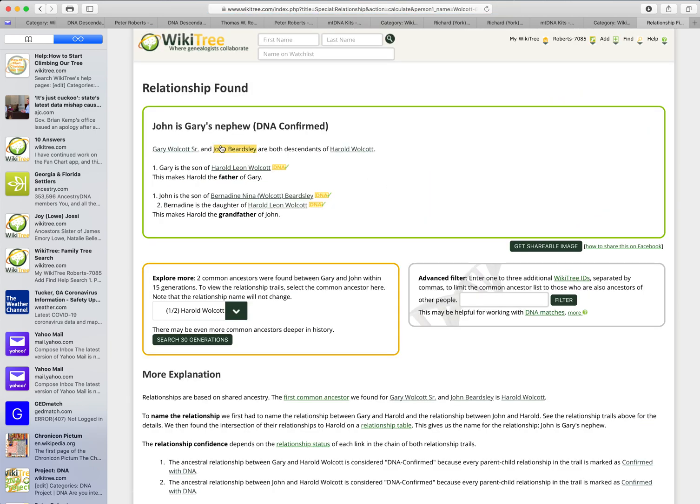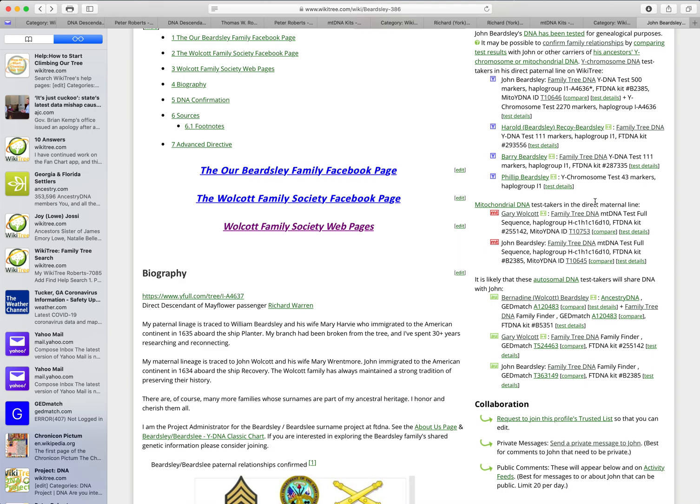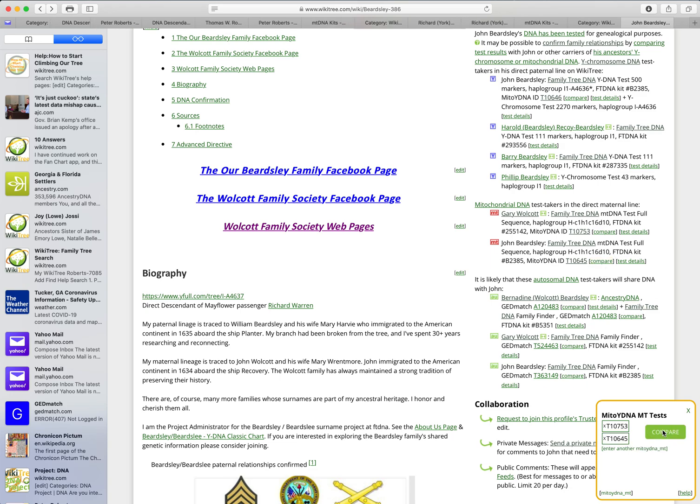We can see that they share a grandparent, or for one person, the mother is the grandmother of another, I believe. Anyway, they should have matching mitochondrial DNA, and we can do a comparison of the two, and they should match each other.